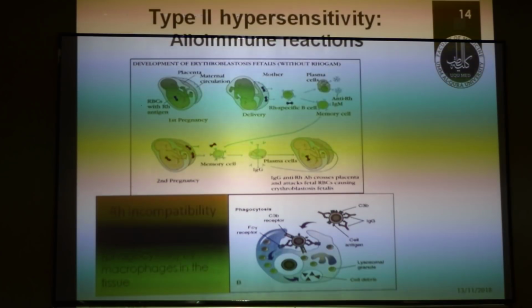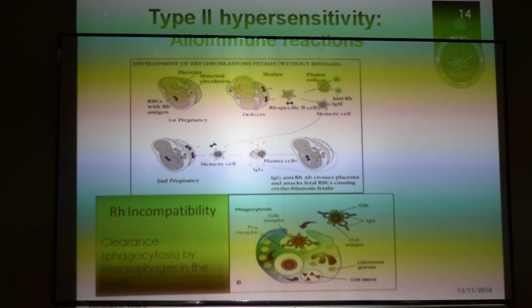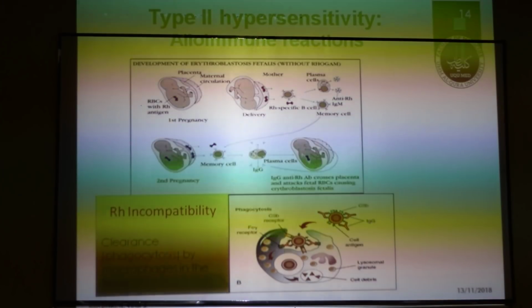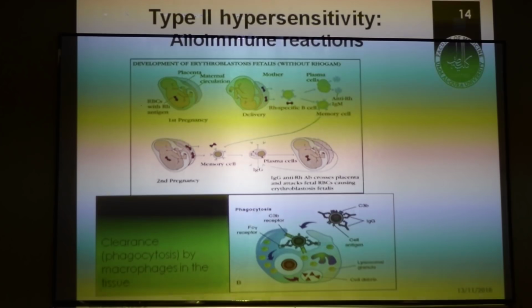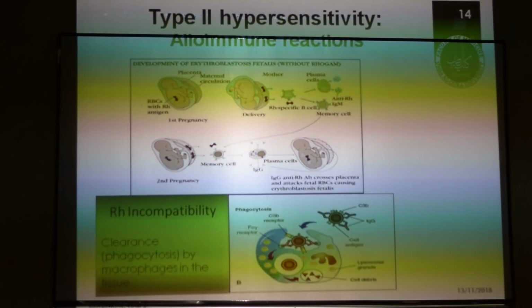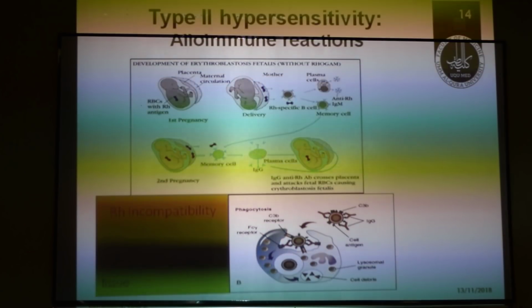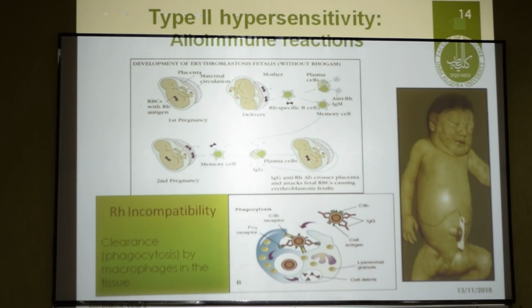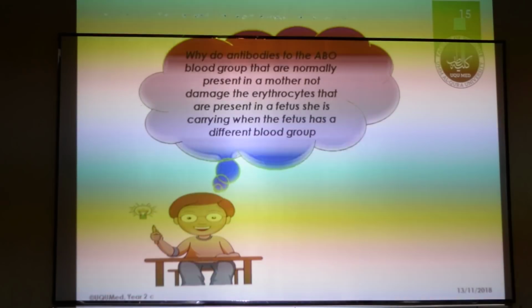How they will cause, as we have already seen, either it can be complement mediated lysis and ADCC. They both can result in phagocytosis. All the three toxic mechanisms that we showed, any of these can cause damage. And this is how the erythroblastosis fetalis baby looks like.